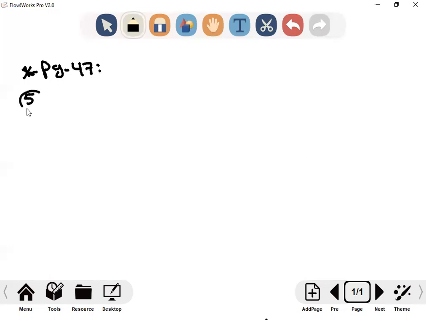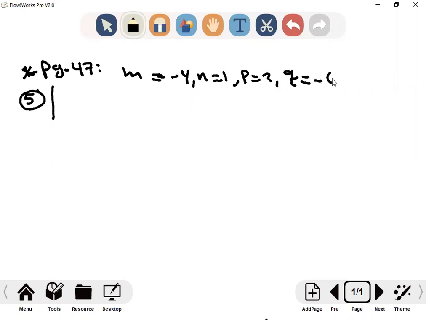Question 5. For this page, we have n is -4, m is 1, p is 2, q is -6, r is 5, and t is -2.